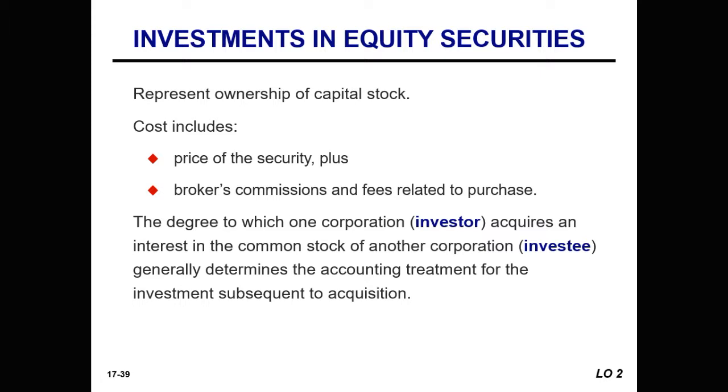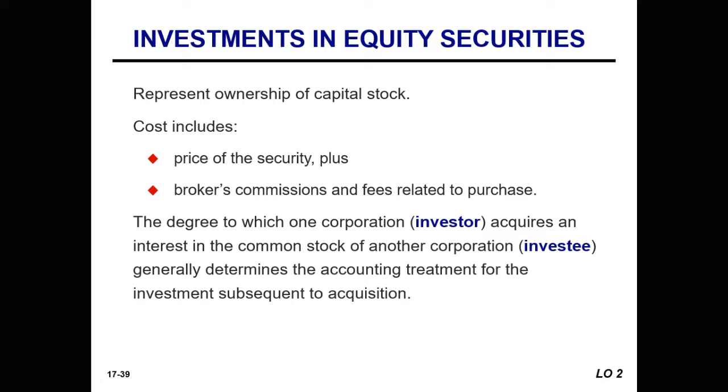With investments in equity securities, there is a little bit of a complexity. That complexity comes in the degree of which one corporation as the investor acquires the interest of another corporation, the investee.